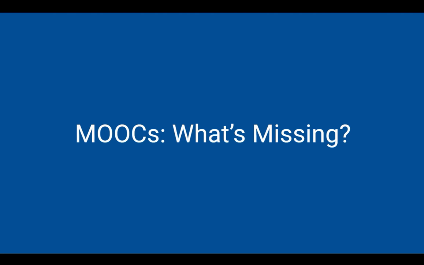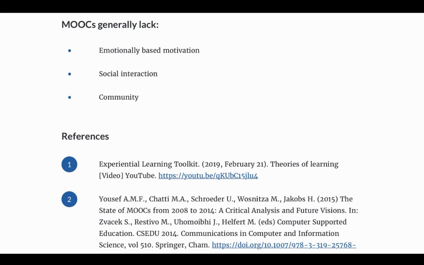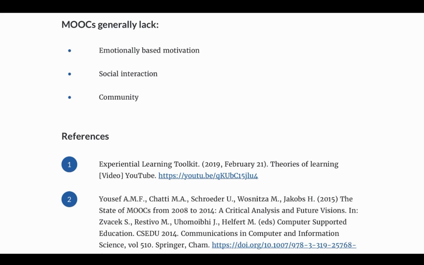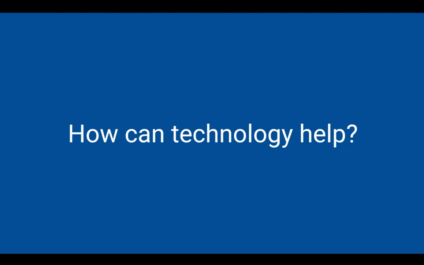Initially, we'd like to describe the massive open online courses, not exactly what they've done correctly, but what is missing in this case, and some of the sources that have provided a critical analysis summarize that emotionally based motivation, social interaction, and a building of community can be critical components to students completing learning, and those are often lacking relating to the online course environments.